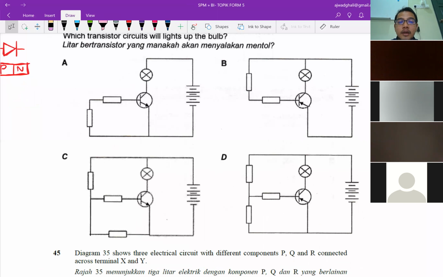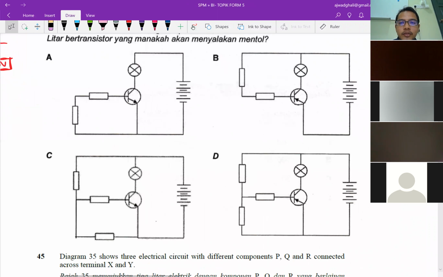As I told you earlier, you need to see where the current flows. If the current flows following the arrow of the transistor, it will light up. If the current cannot flow or does not follow the arrow of the transistor, it will not light up. So which one? The current follows the arrow in the transistor.